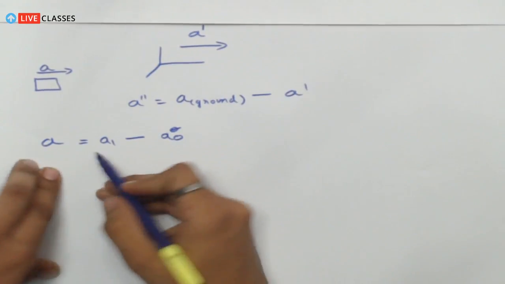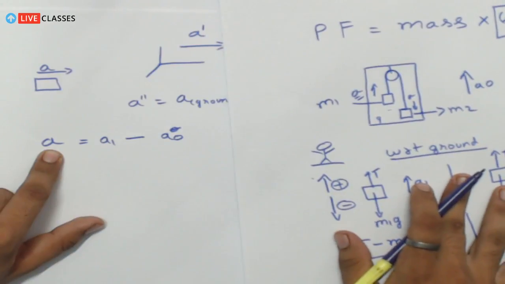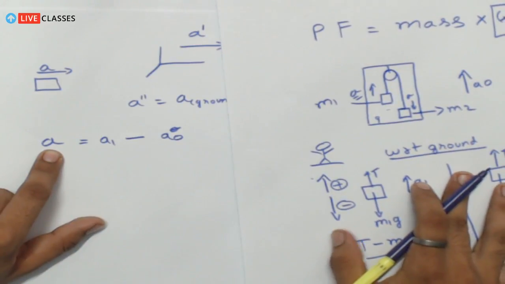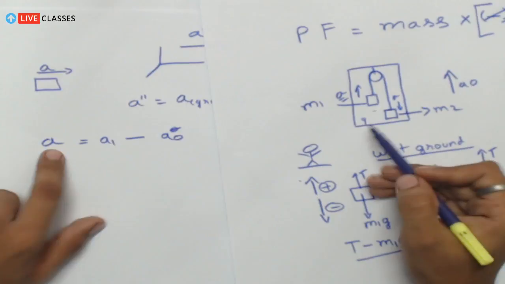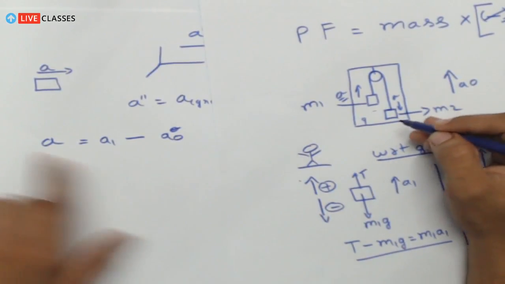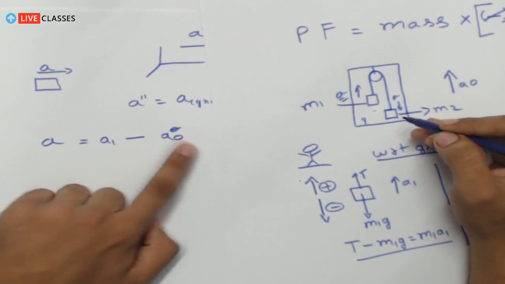Sorry for this kind of thing, but to save time we will do this. So a equals a1 minus a0.